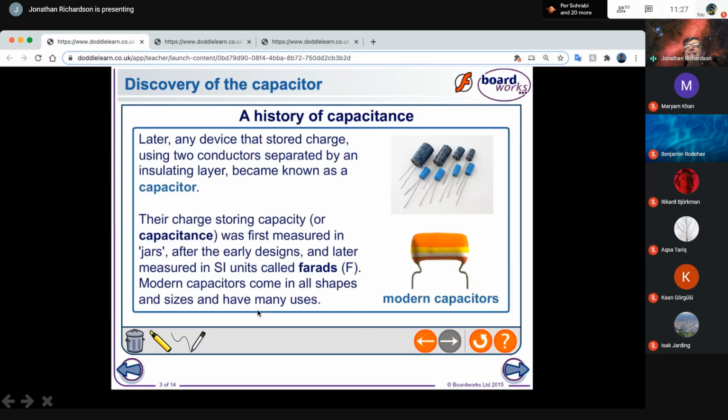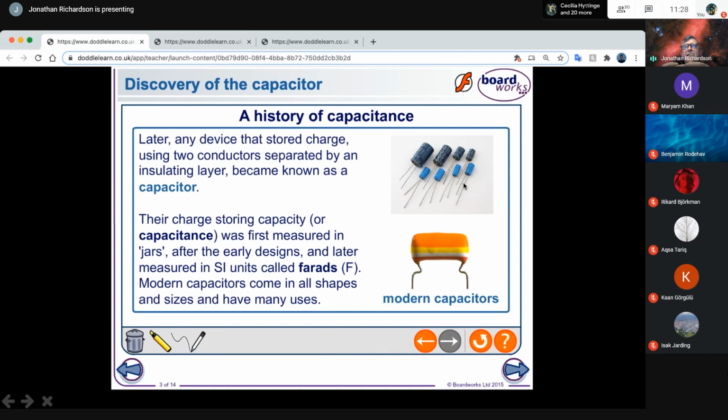So what is a capacitor? Well, any device that stores charge using conductors separated by an insulating layer. And I've said those are the devices that you can see there. I have these devices just here, which if I put them in the right place, you should be able to see them.